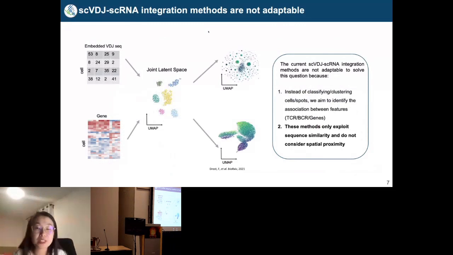Unfortunately, they are not adaptable for two reasons. First of all, these methods aim to cluster or classify cells, but our task is to associate variables. Secondly, interacting cells are usually close to each other, but these methods did not consider this.